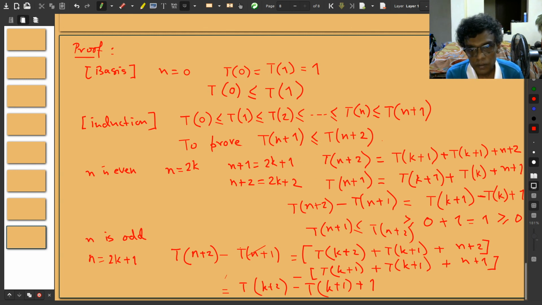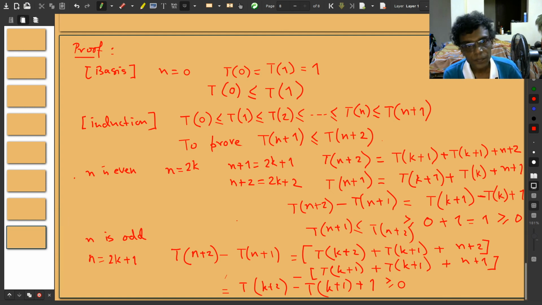So Tk plus 2 minus Tk plus 1 is greater than or equal to 0. This is also greater than or equal to 0, so this is greater than or equal to 0. And therefore, Tn plus 2 is greater than or equal to Tn plus 1.